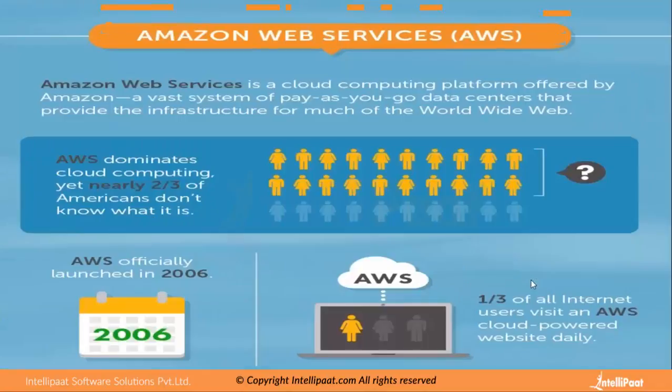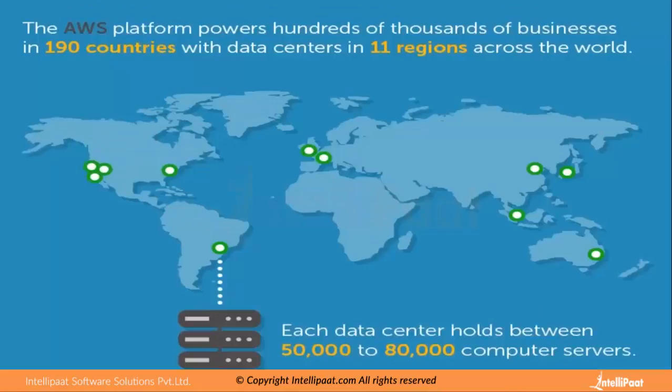Now, this is the global infrastructure of AWS. Data centers in around 16 regions. Let me rectify it to 16, because Amazon keeps on adding new regions every month or so. So right now there are 16 regions, including one in India as well.